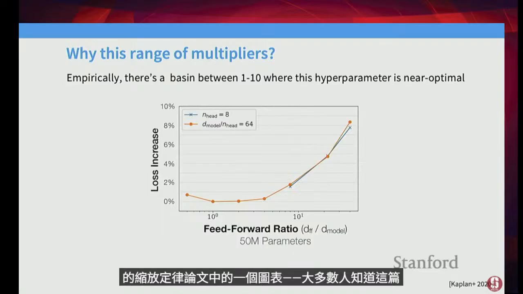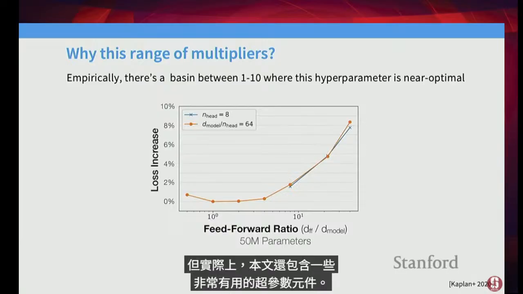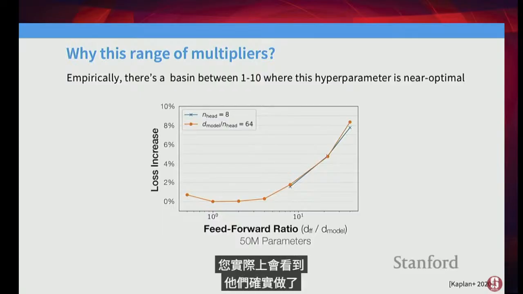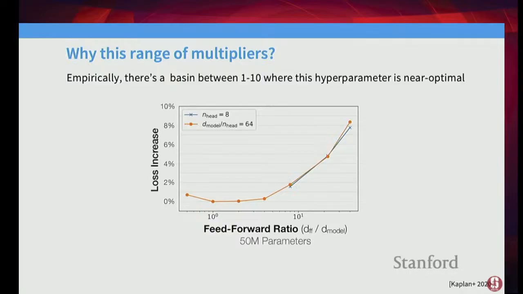One of the figures is from Jared Kaplan's scaling law paper. Most people know this paper for the scaling law component, but actually there are also some really useful hyperparameter components in this paper. You'll see that they do exactly this thing that I'm talking about, the DFF to D model ratio. And they plot essentially how much the loss increases as you vary this. You kind of see that there's a sweet spot.